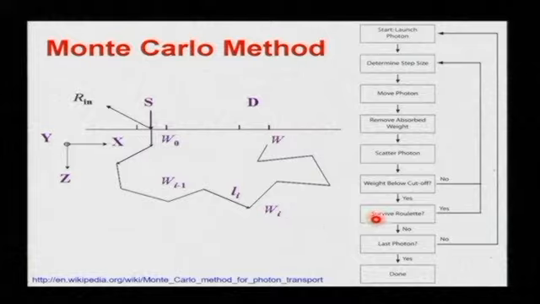So here they use the so-called roulette system: if the weight is very small, they give the photon additional chances to go to the detector or not. This is a classic scheme that just repeats the radiative transfer equation.